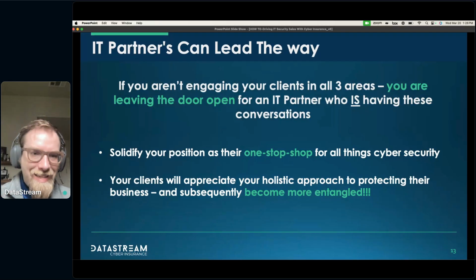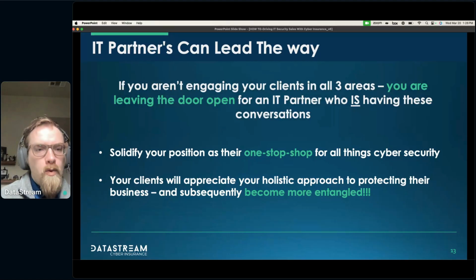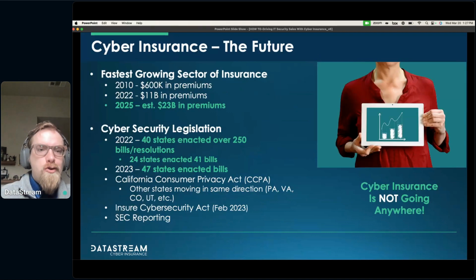It helps solidify you in the eyes of your customers as that one-stop shop. You're the go-to person for all things cybersecurity, and incorporating the cyber insurance leg can help do just that. And going forward, our real goal as a partner of yours is to help you ride this wave of business.